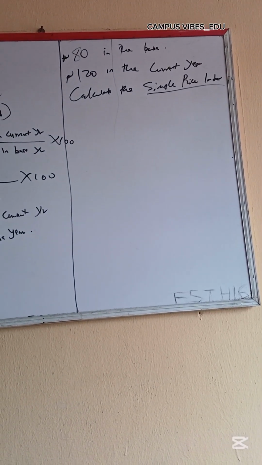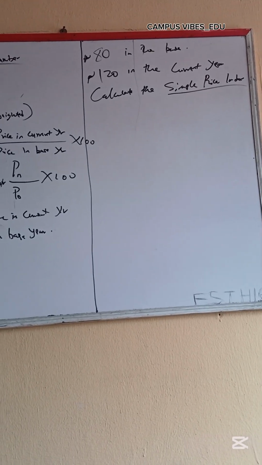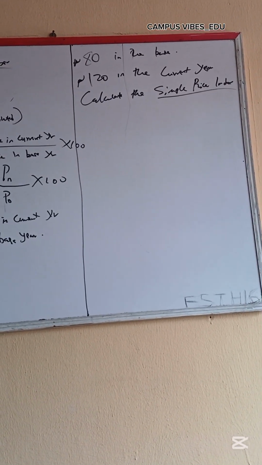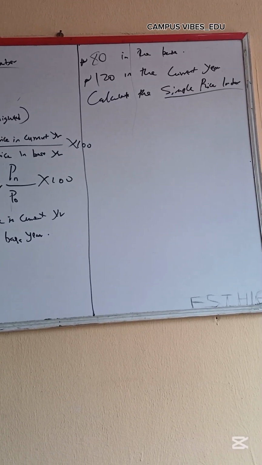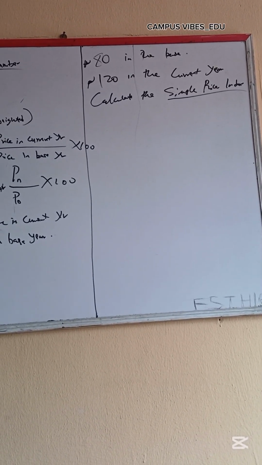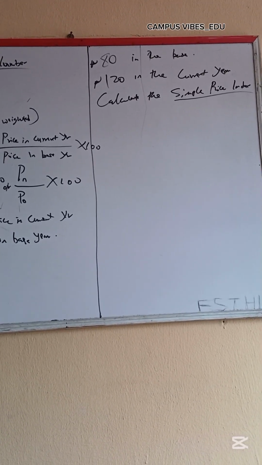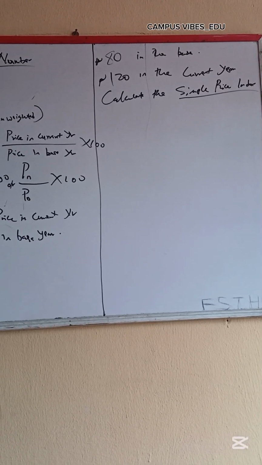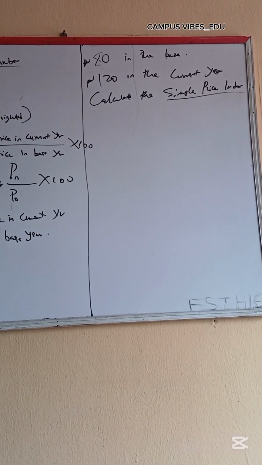Sometimes you will not be told which one is the base year or which one is the current year. So what if the question is, if the price of Maggi is 80 naira in 2005 and 120 naira in 2025, which one will be the base year and which one will be the current year? That should be your question. I just put base year and current year to make things move smoothly.